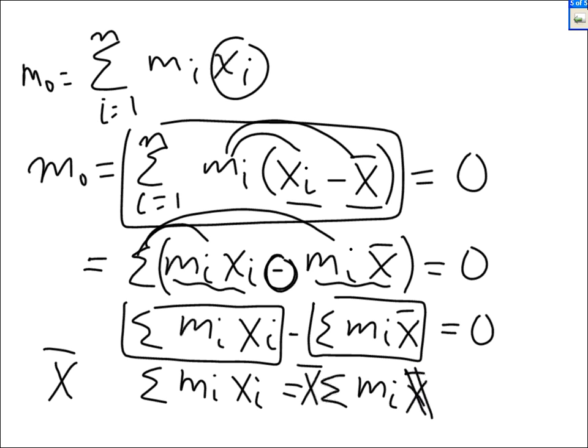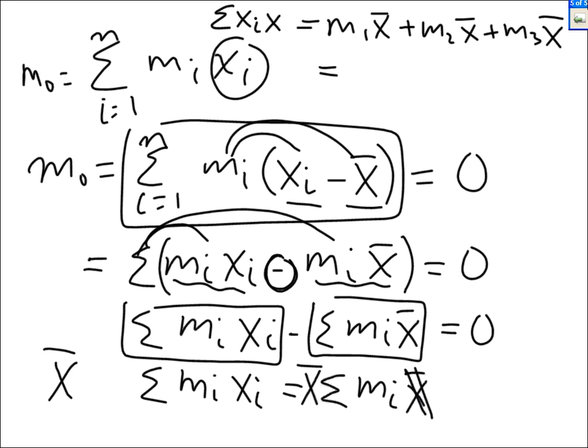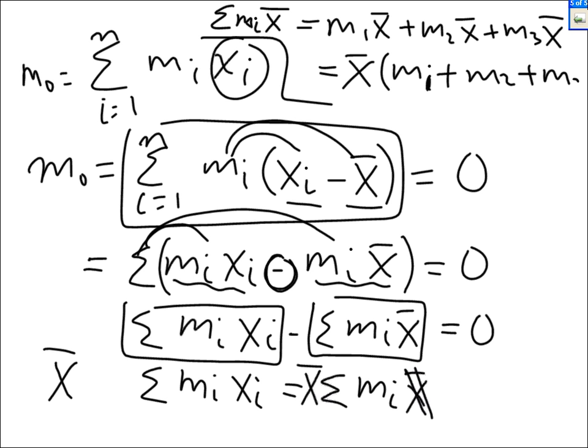You know, if you have m1 x bar plus m2 x bar plus m3 times x bar, which is the same as the summation of mi x bar, you could factor out the x bar, and then you get x bar times m1 plus m2 plus m3.